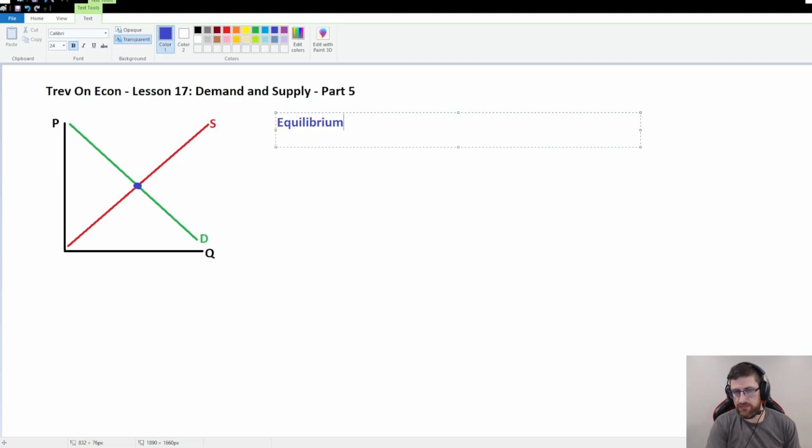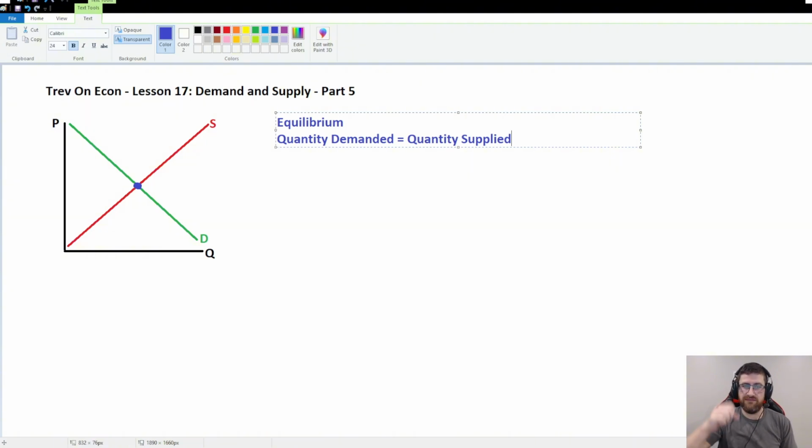And equilibrium is a very important part about economics. Effectively, most of the stuff we do in introductory economics is about finding equilibrium and dealing with equilibrium when things change. All right. So equilibrium, mathematically, is the point where quantity demanded equals quantity supplied.